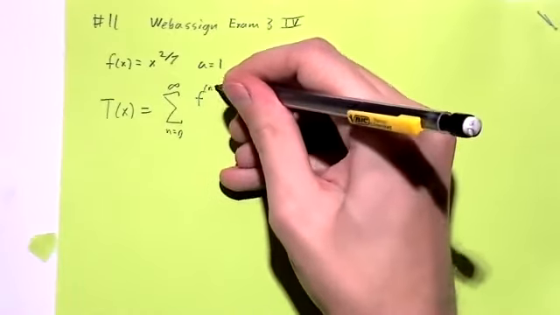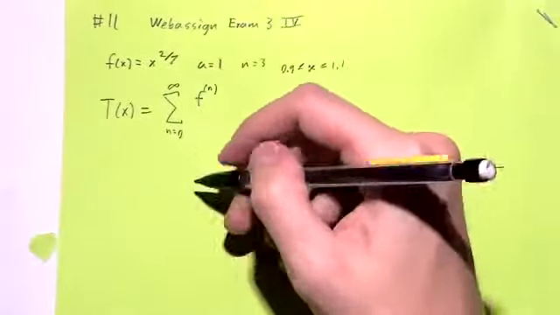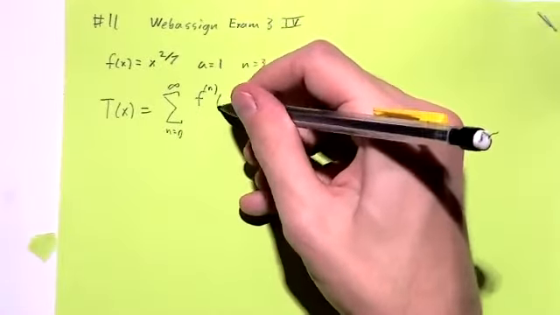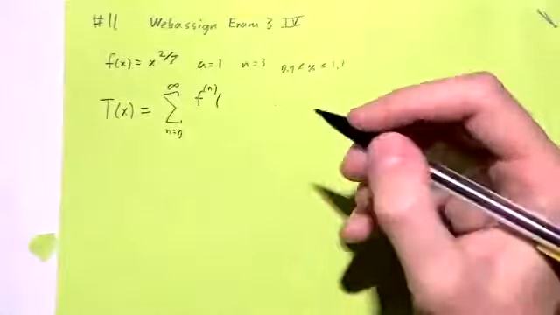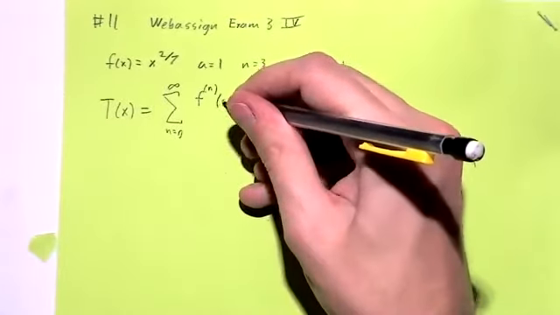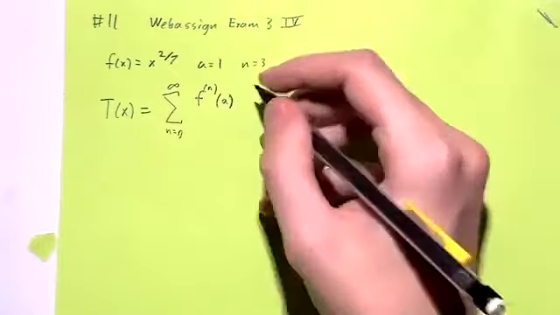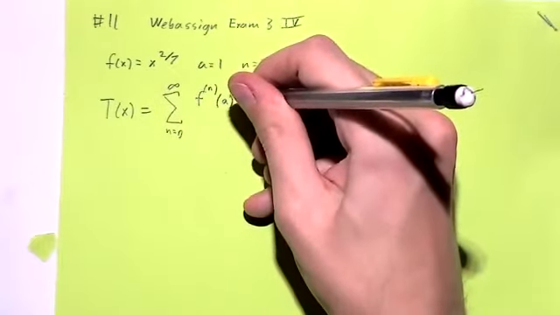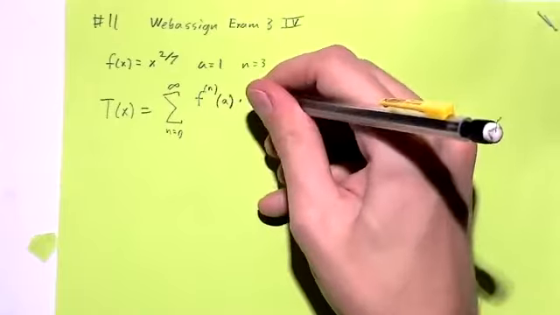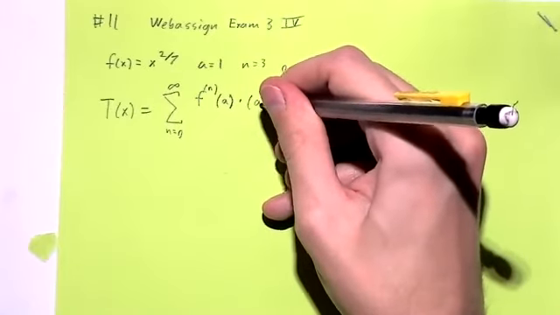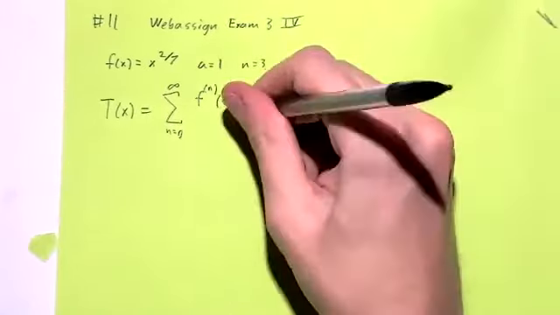This is a weird notation. You have an n in parentheses up top to represent what derivative you're on. f^(n) of a, and then times, wait, whoops. I was going to say a minus x.